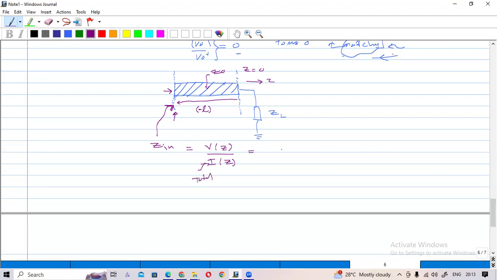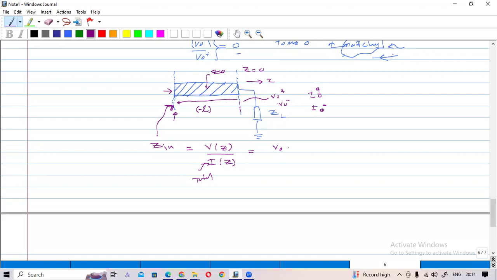We know that VZ is equal to V naught plus, as usual notation, V naught minus. The currents are I naught plus, the forward current, and I naught minus, the backward current.